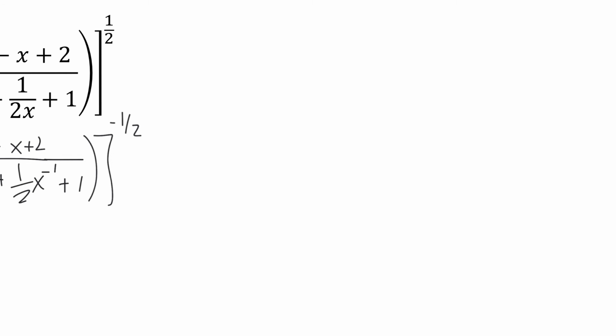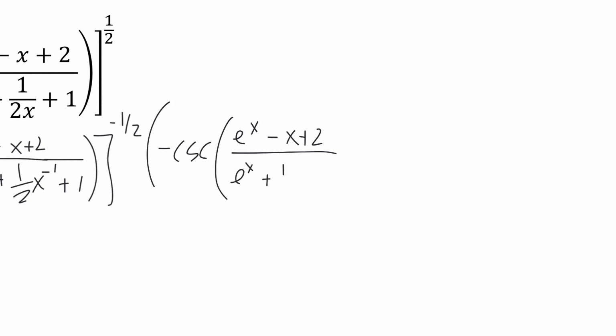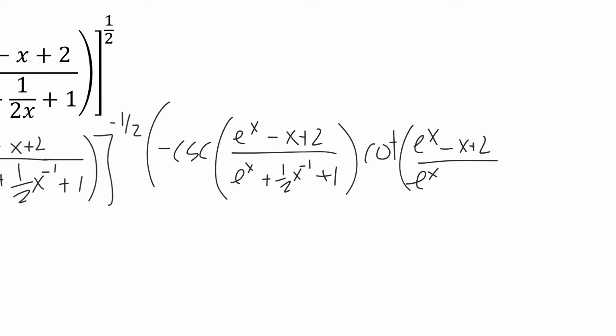So we're going to have bracket negative cosecant e to the x minus x plus 2 over e to the x plus 1/2 x to the minus 1 plus 1 cotan of the same thing. All right, close off that bracket.